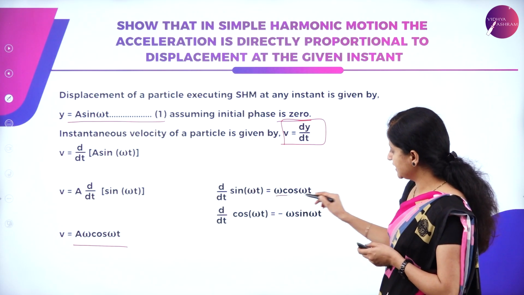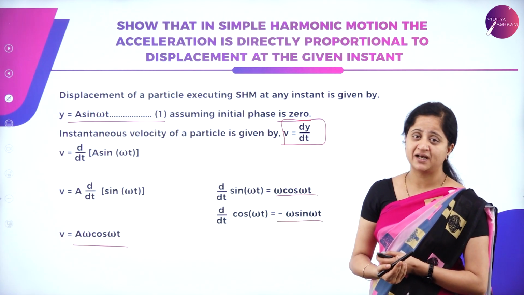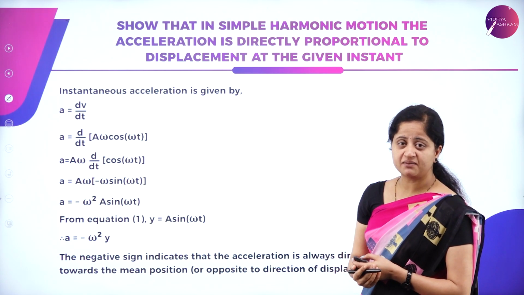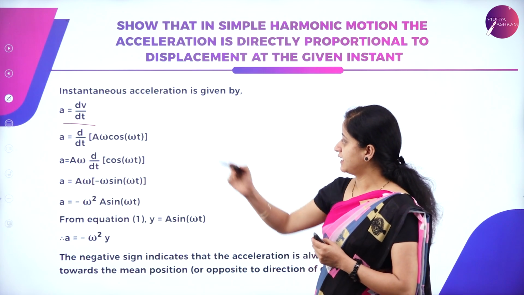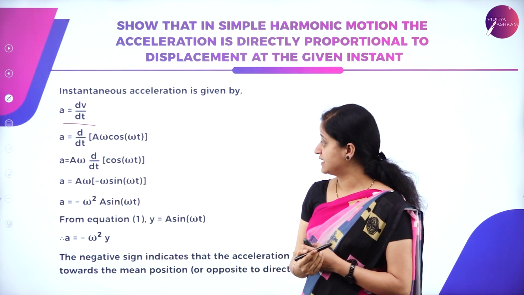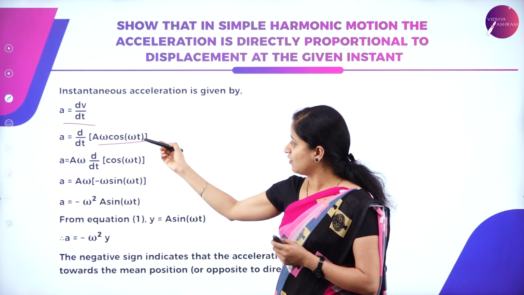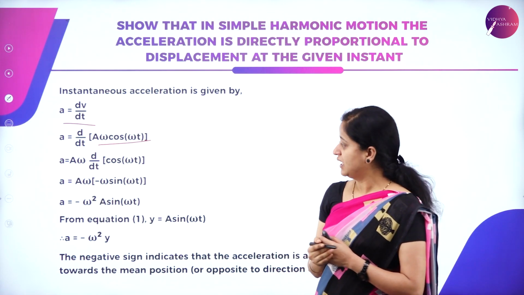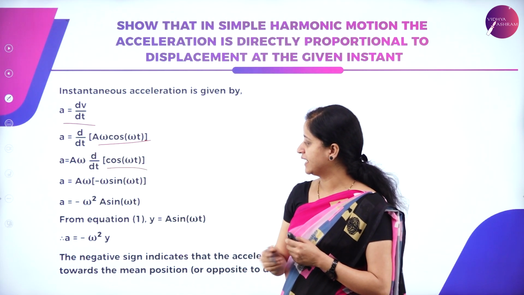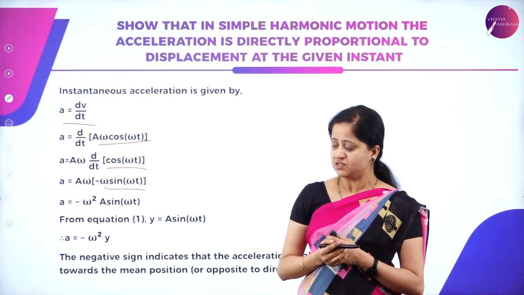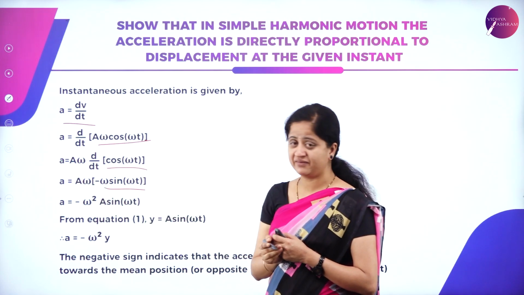Now if you differentiate this again to get acceleration, you will get minus omega sine omega t. The instantaneous acceleration can be calculated by differentiating the velocity term, that is, the rate of change of velocity gives us acceleration. So, it is d by dt of a omega cos omega t, where a omega cos omega t is nothing but the velocity term. You can take a omega outside, and differentiating cos omega t, you will get minus omega sin omega t. So, from this we can write a is equal to minus omega, and another omega we have here.